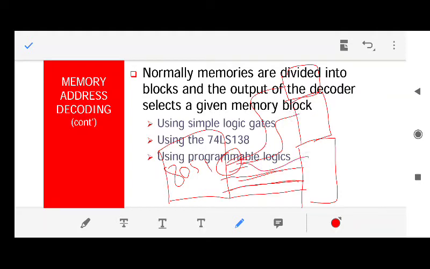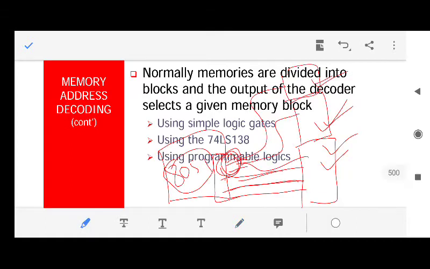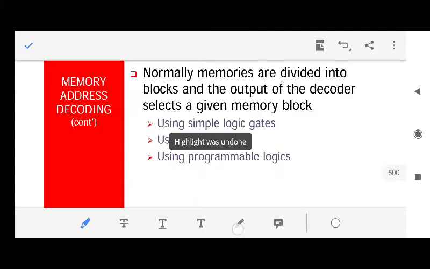Whenever 8051 wants to access any memory, it will put a particular address on these address lines, and these pins which were free will be used to select these chips. This is how the 8051 will be connected to external memory.